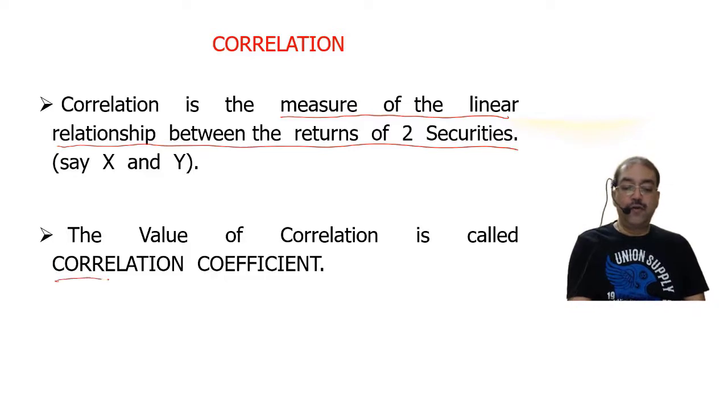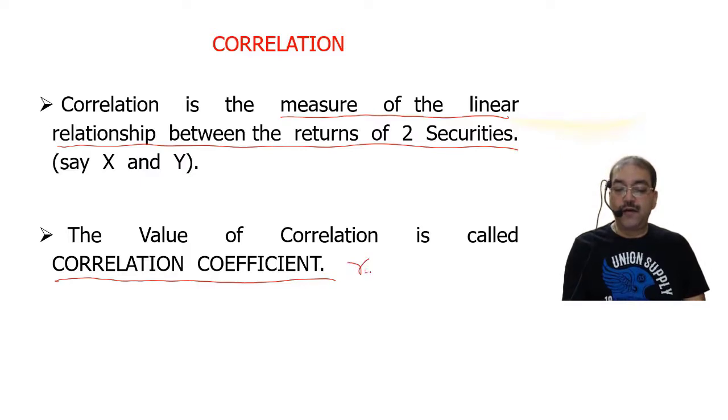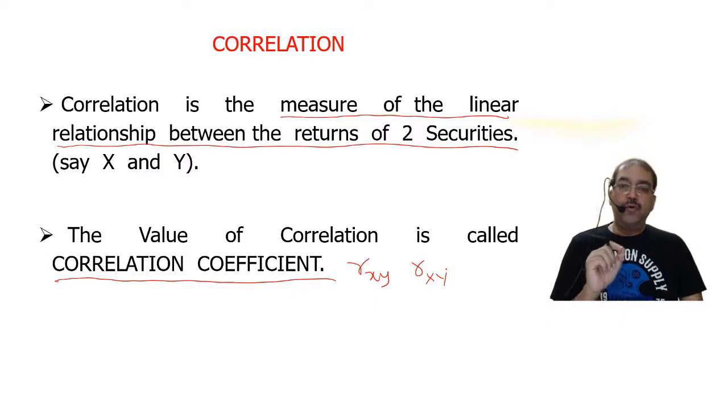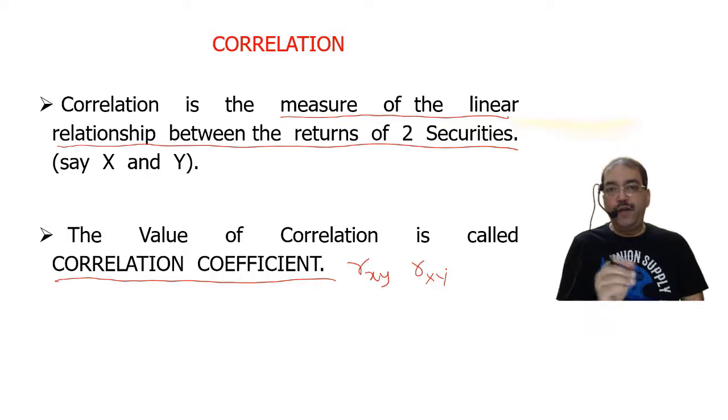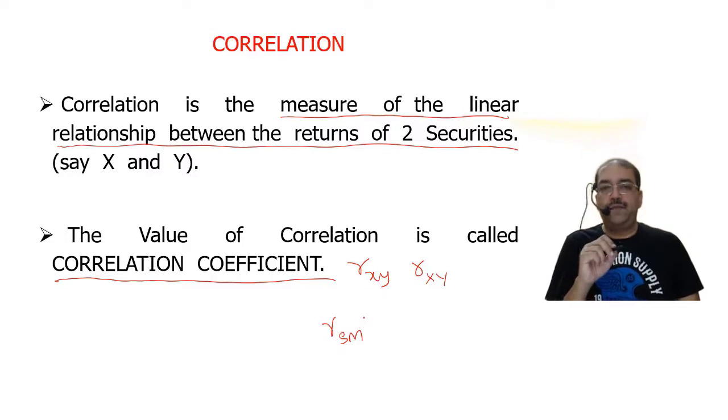Okay, what is it called? It is called correlation coefficient. How it is expressed? It is expressed as Rxy, that is, it is a correlation coefficient between security X and security Y. Now, if I am talking about correlation between a security and a market, security and Sensex, security and Nifty, then I write it as RSM, where S stands for security and M stands for market.